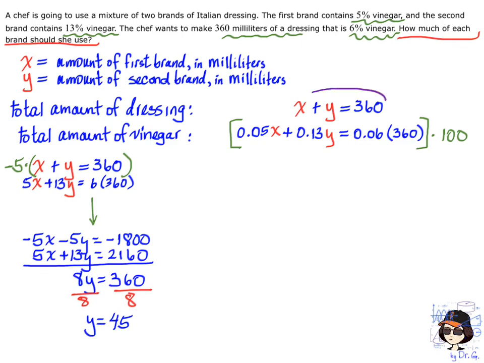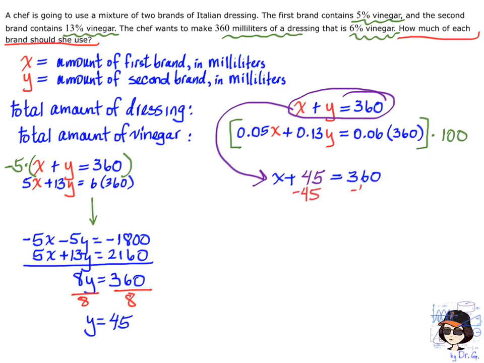And I like the first one. It's the simplest one. And plug in y equals 45 to get x. So x plus 45 equals 360. Subtract 45 from both sides. And I get x equals 315.